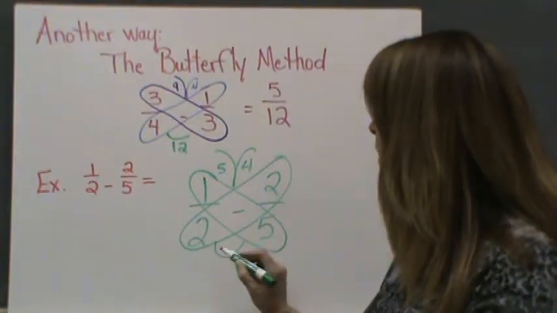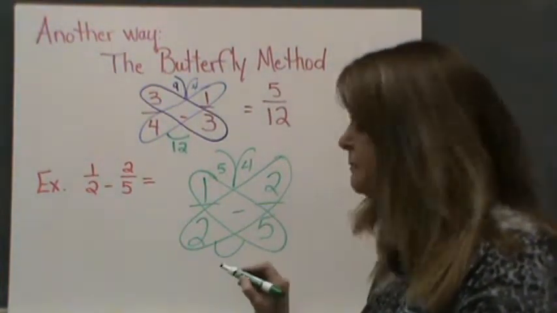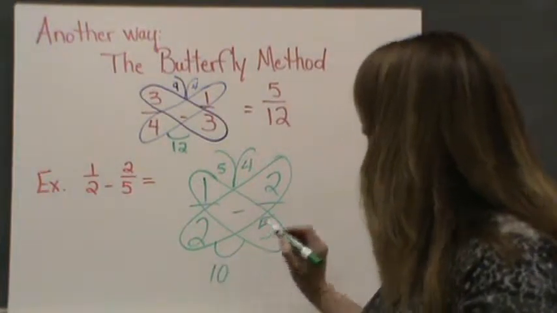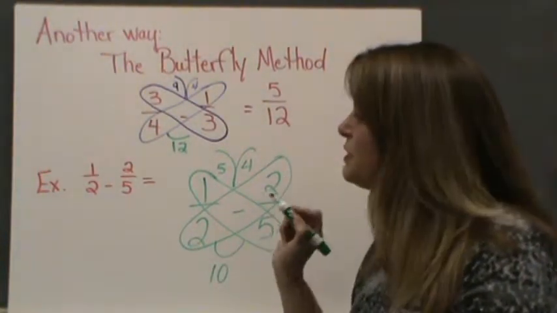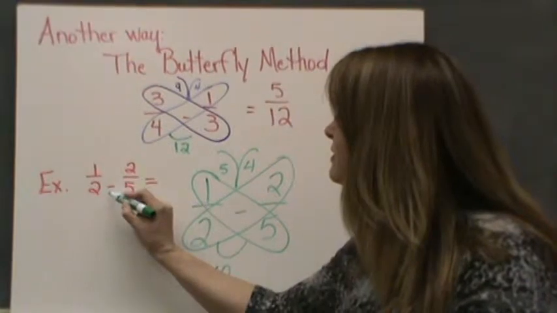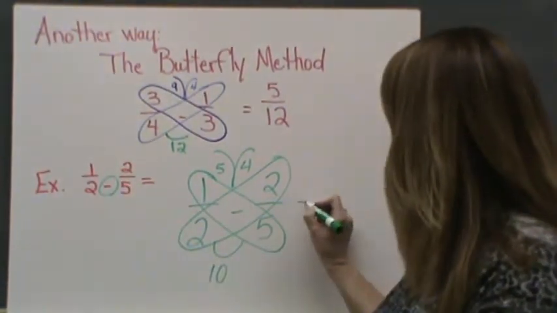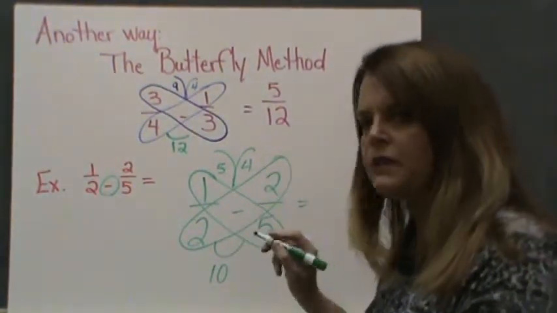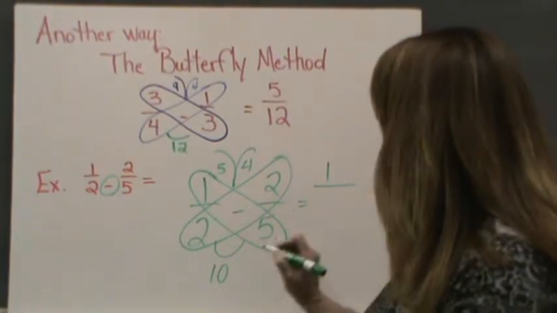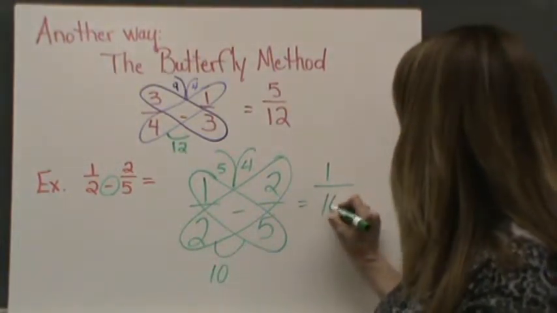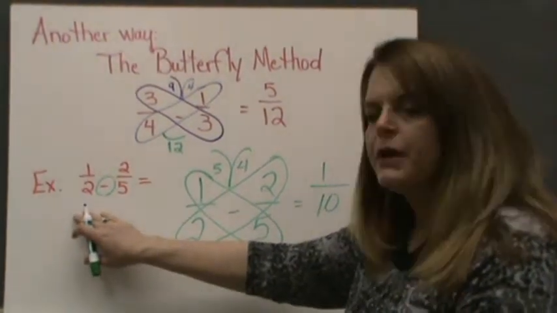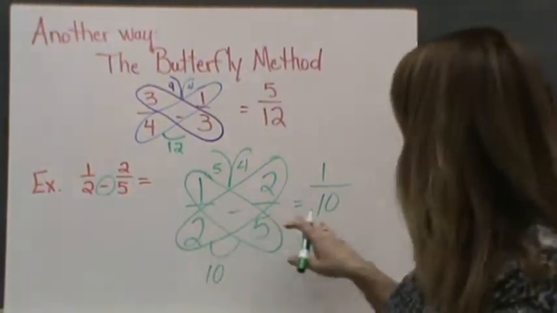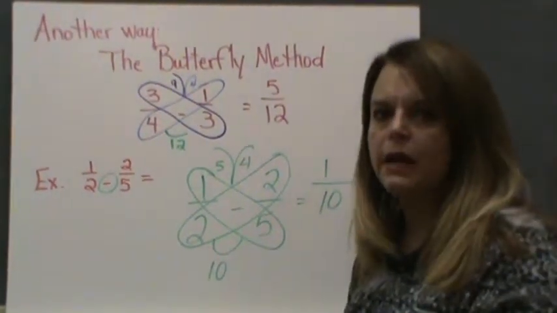Have to make his tail. 2 times 5 is 10. So now I just have to subtract. Check your sign. 5 minus 4 is 1. And I bring my 10 over. So 1/2 minus 2/5 is equal to 1/10.